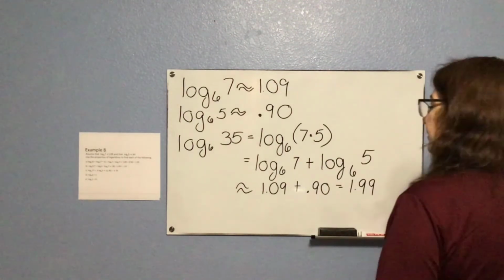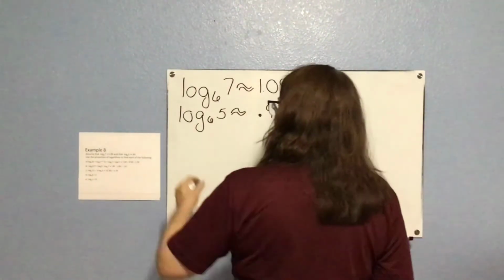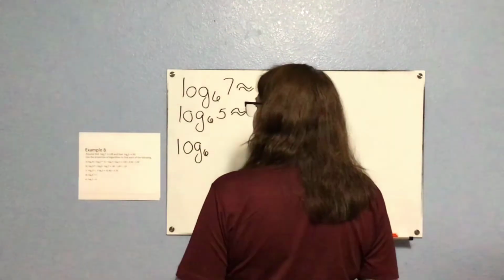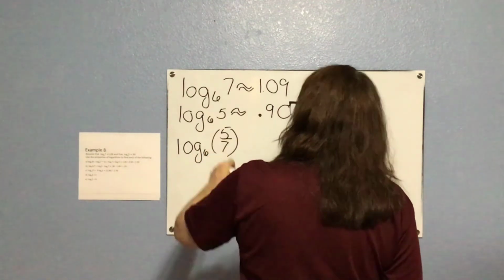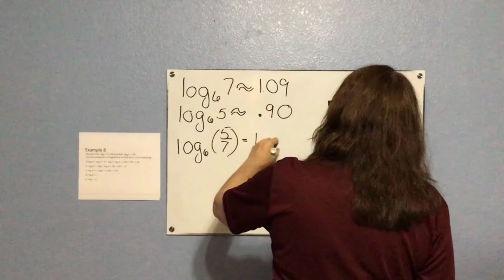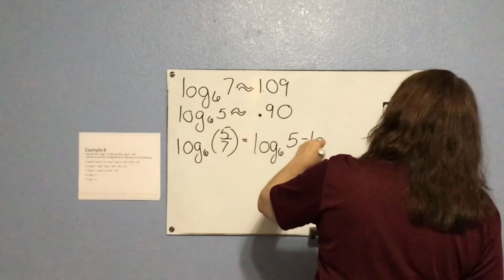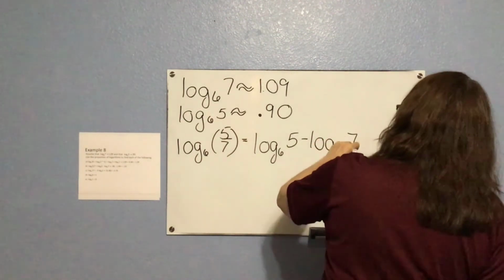Okay, let's look at another example using these same two values. I have the log base 6 of 5 over 7. I could rewrite that as the log base 6 of 5 minus log base 6 of 7.